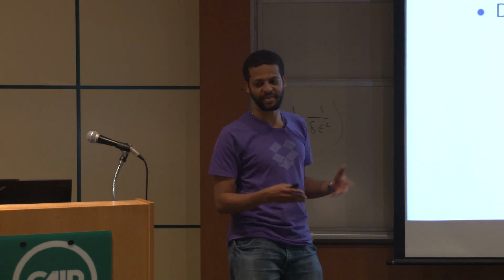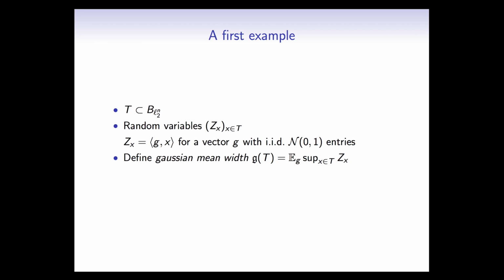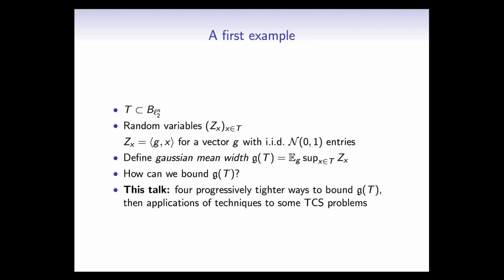You can get high probability bounds; I'll say something about that later. So how can we bound g(T)? I'm going to show you four ways of doing it that are progressively more sophisticated, and then we'll move on to some applications. That's what this talk is.